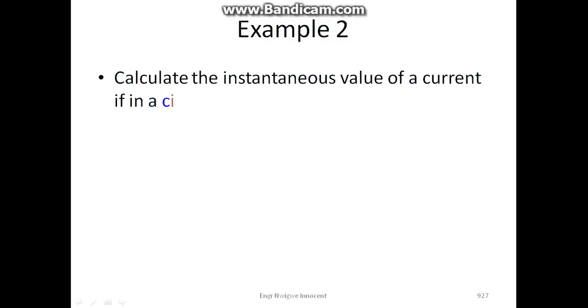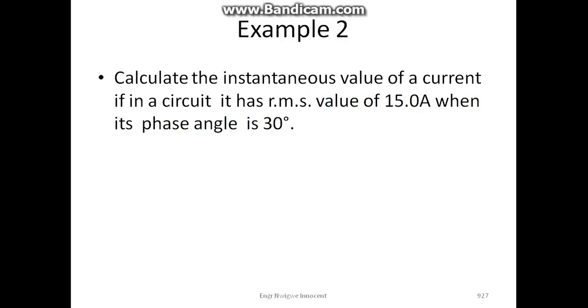Example 2. Calculate the instantaneous value of a current if in a circuit it has root mean square value of 15.0 amps when its phase angle is 30 degrees.